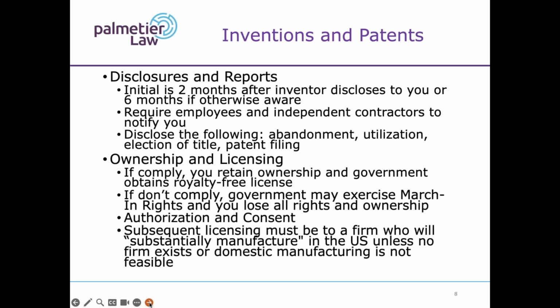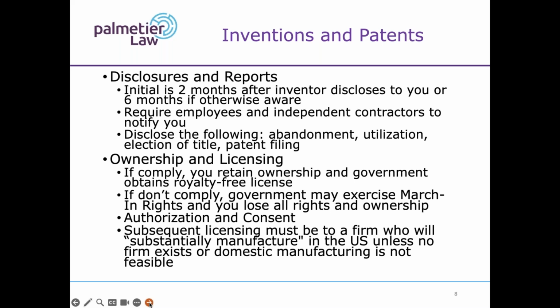Your inventor has to disclose the invention to you, and you must then disclose it within 2 months to the government. Or if your employee doesn't disclose it to you and you become aware somehow or otherwise, you have 6 months. But basically follow the 2-month rule.